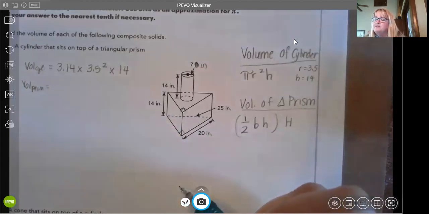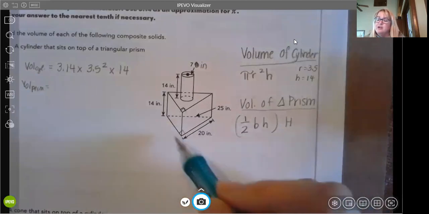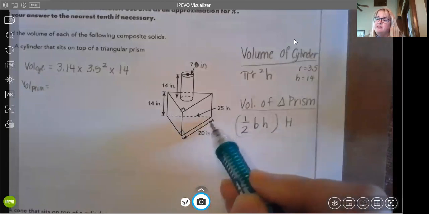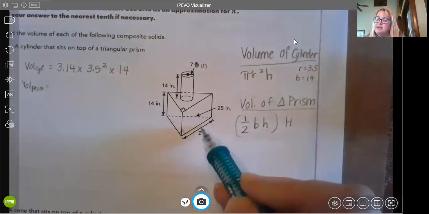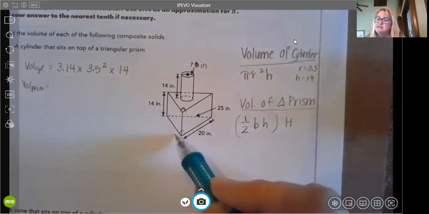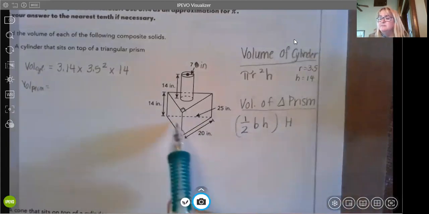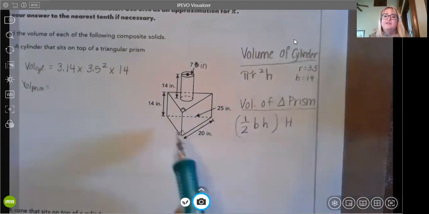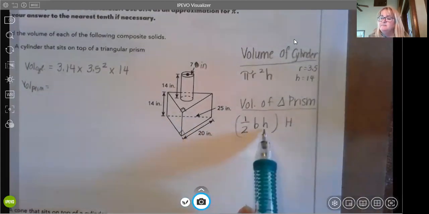Because the formula for the area of the triangular base is 1/2 the base times height. Well, we know that the base is 20, this is the height, but we don't know what it is. But we know that this is 25. So we're going to use the Pythagorean Theorem to figure out what this height is, the little height.